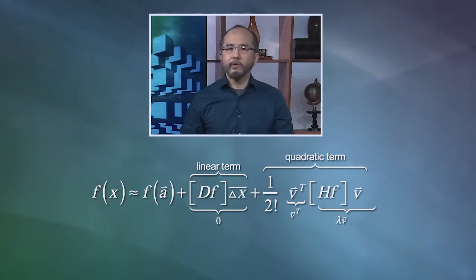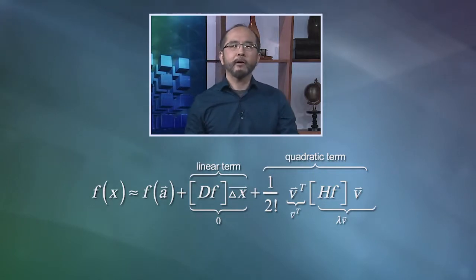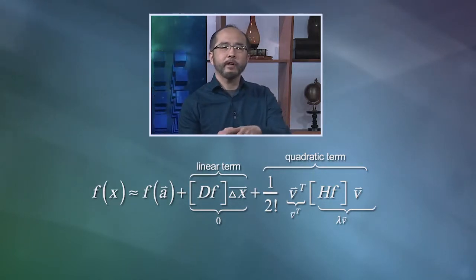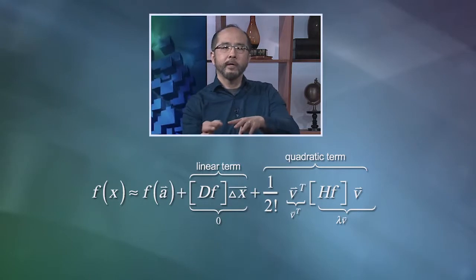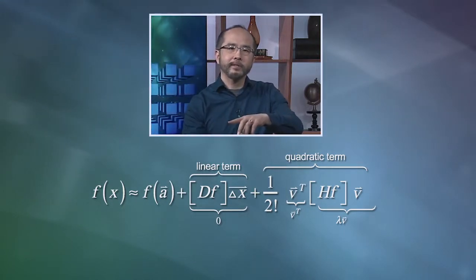And if the eigenvalue lambda were negative, then rolling back and forth along the eigenspace will move the function value lower. So it's concave down along that eigenspace. So the signs of the eigenvalues of the Hessian tell you something about the directions in which the function is concave up or concave down.